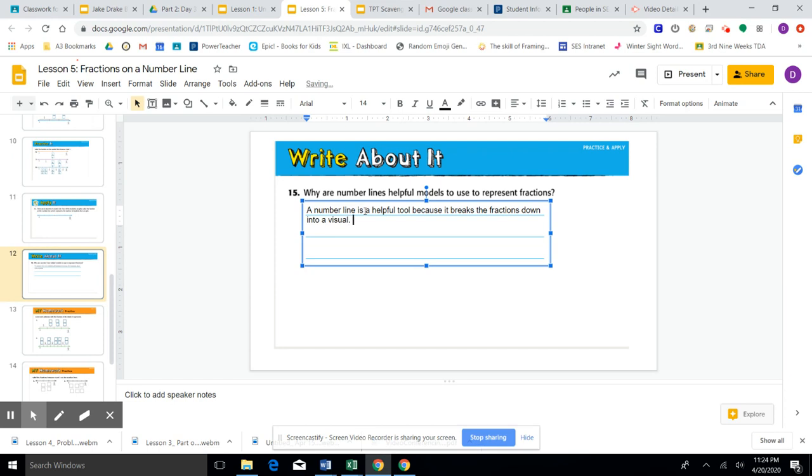It's a visual for you to see how many parts of the whole. So it's just like drawing a picture, but it's a little easier because you're just having to draw a number line and you're not shading. So it's an easier tool when you're solving for fractions or when you're solving word problems.